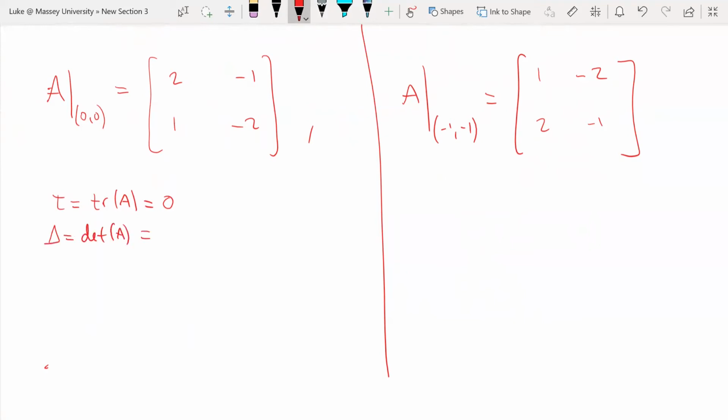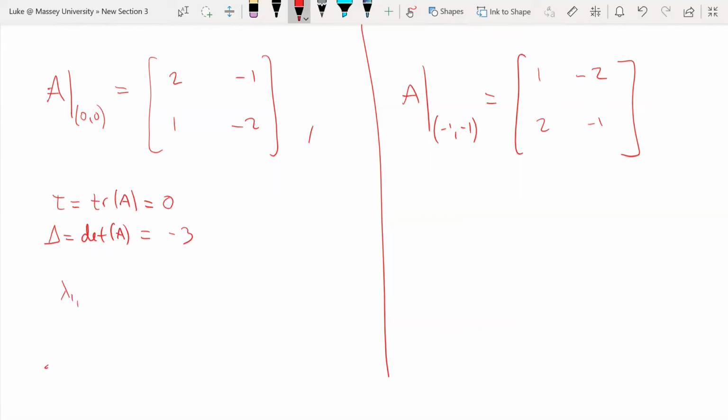Okay, well, that's 2 times -2, which is -4, minus 1 times -1, which is positive. So we get -4 plus 1 is -3. So while tau is 0 here, so this is fun. So what am I going to get?